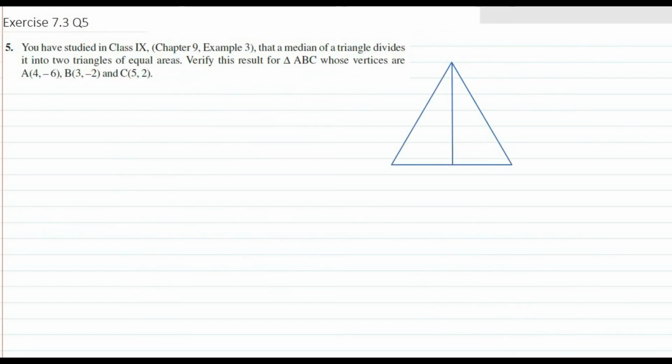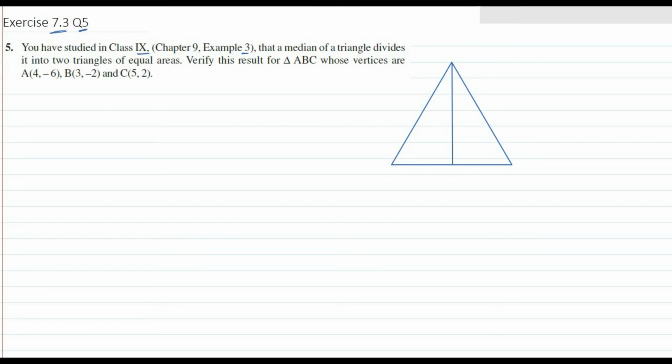So here exercise 7.3, question number 5, you have studied in class 9th, chapter 9 example 3, that also he has given.